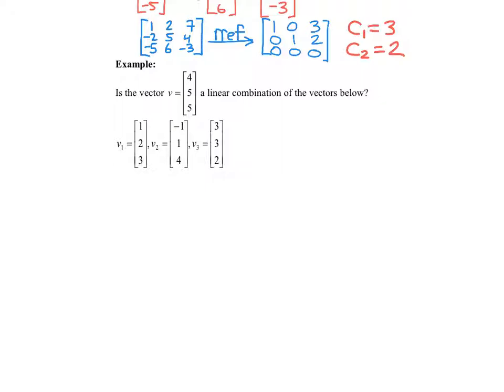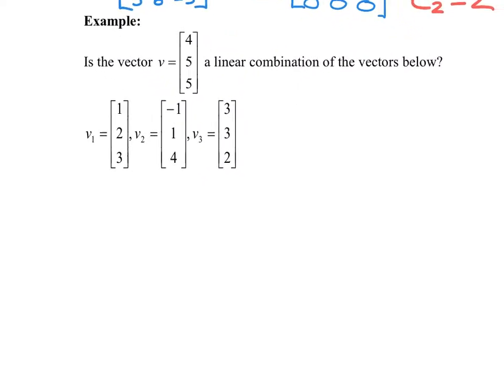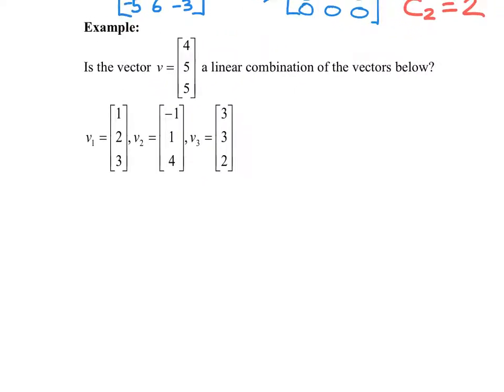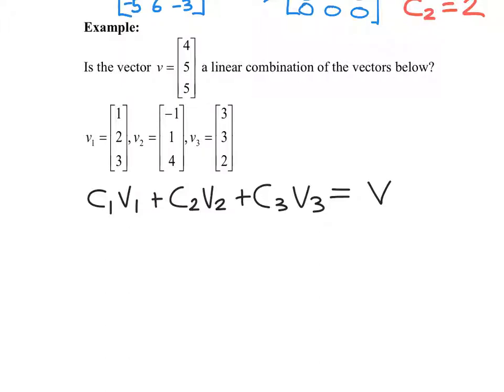All right, so I'm going to define my linear combination as C1 V1 plus C2 V2 plus C3 V3, and all of that should end up being equal to V. All right.